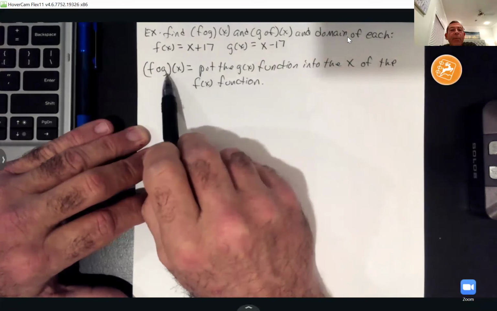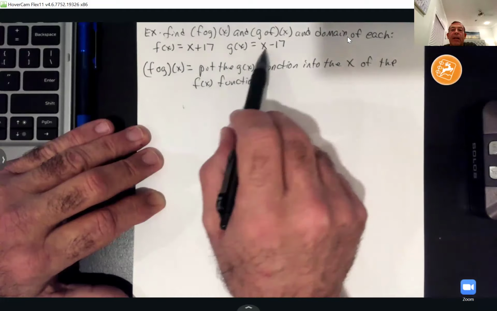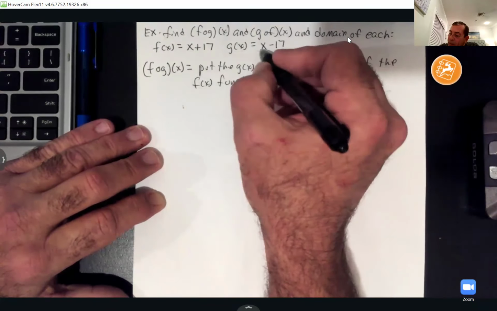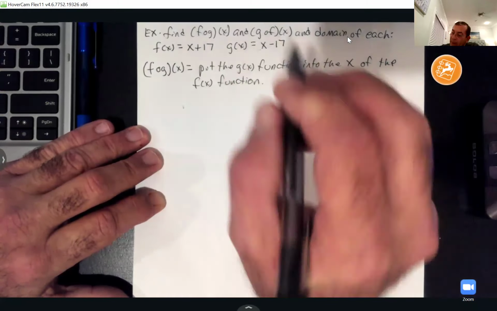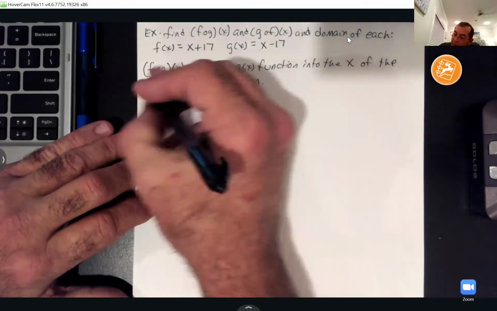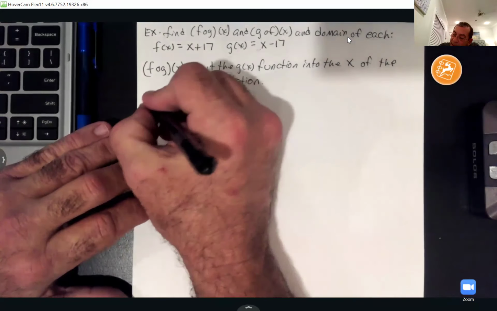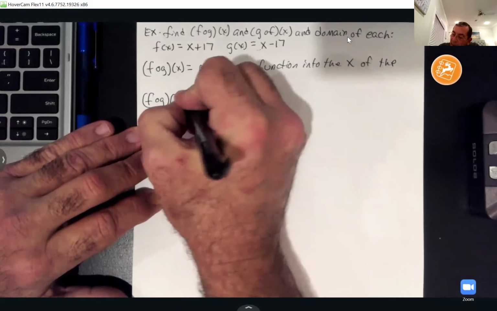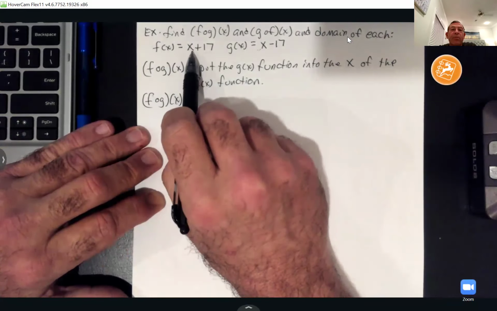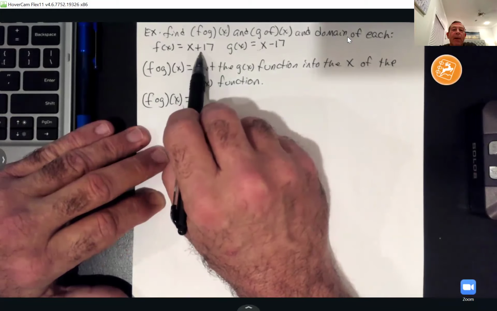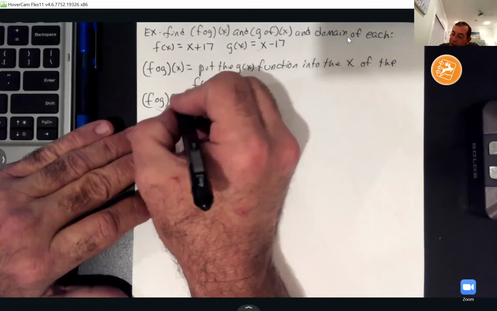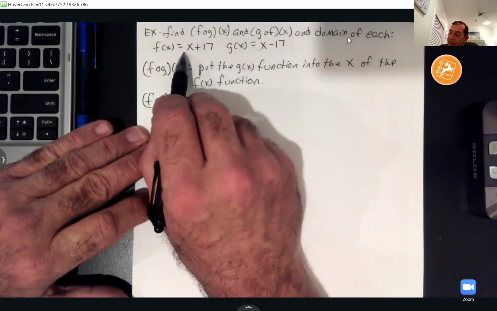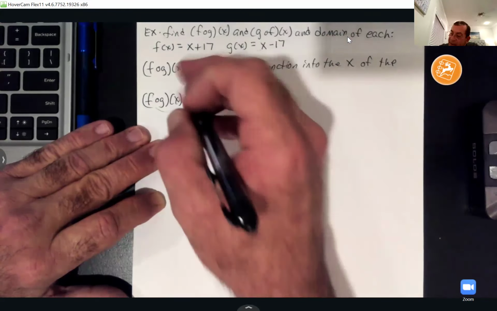Okay, because they didn't give me a number for the g of x, so I can't do nothing to that. So that means I'm going to take this whole function and put into that x. Okay, so f compose g of x is going to be my f function, which is x plus 17. But remember, I got to put the g of x into that f. So putting the g of x in for that x, I would put the x minus 17.